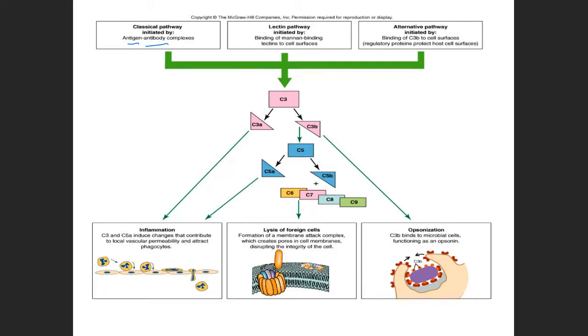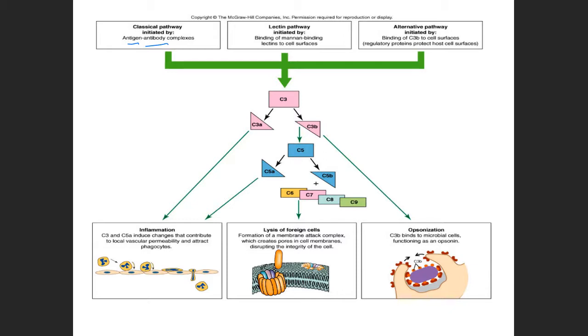And then the alternative pathway relies on something called C3b on cell surfaces. When a bacteria binds to the C3b, that is going to activate complement. So C3b is a complement molecule that is bound to bacterial surfaces.